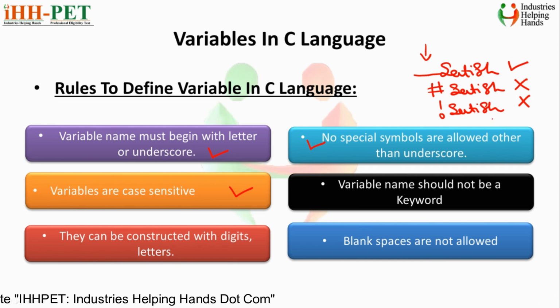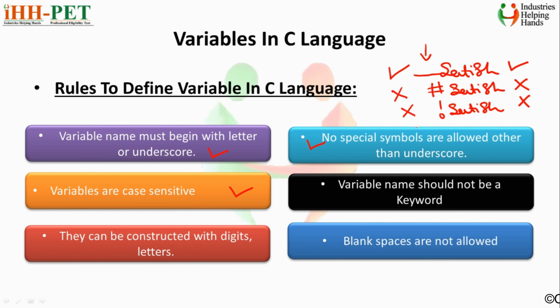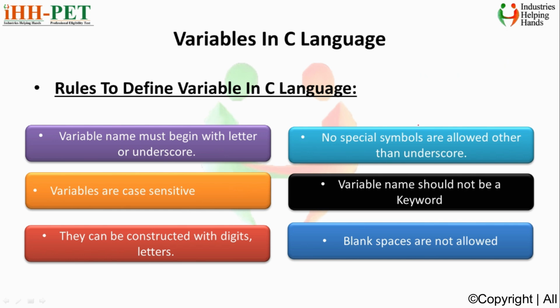So you can see here, the first one is a valid variable, the second is not valid, the third is not valid. Okay, so the third point is also covered.